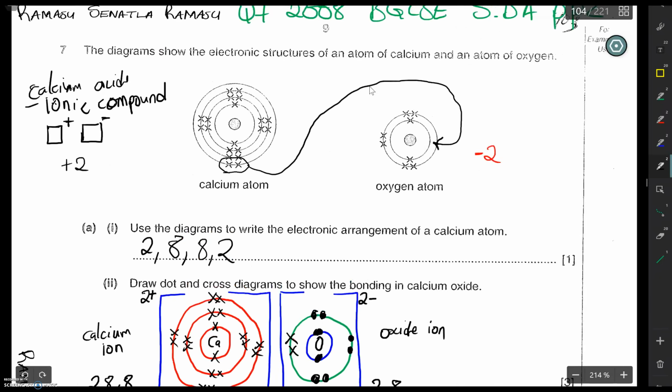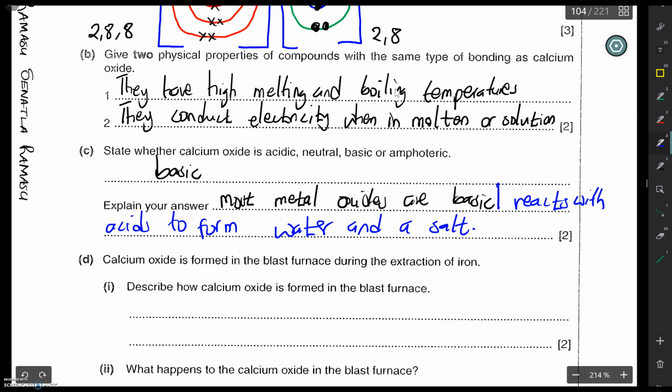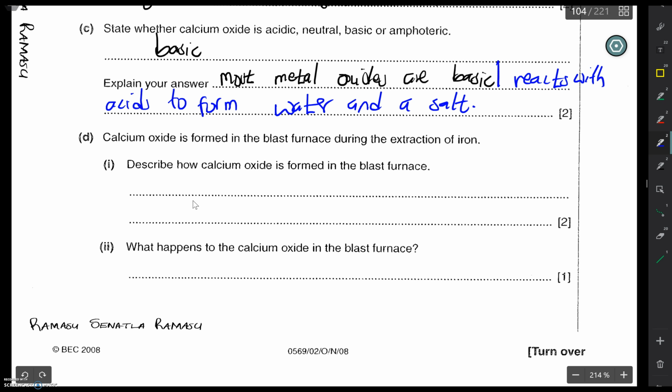Yeah, most metal oxides are basic, or you could also say that calcium oxide reacts with acids to form water and a salt, right? So let's move on to part D.